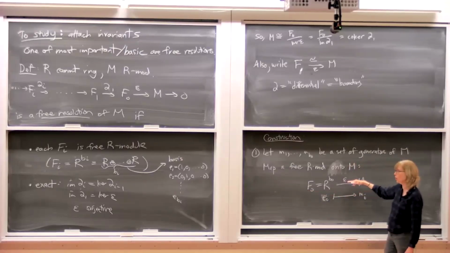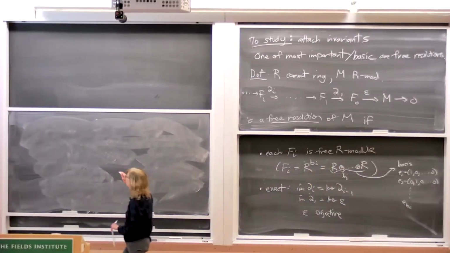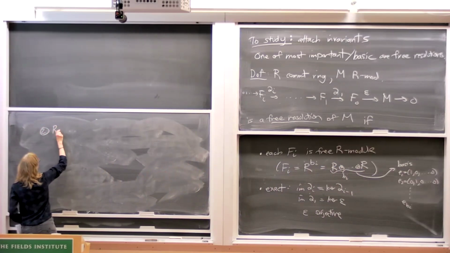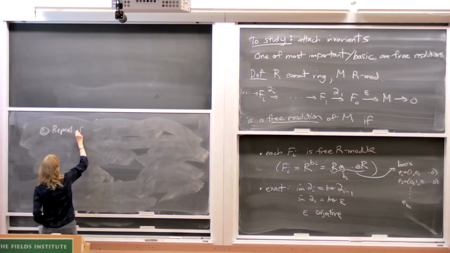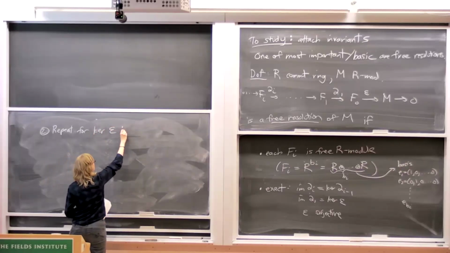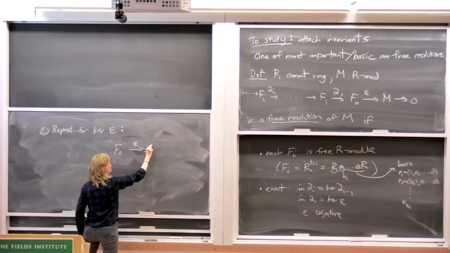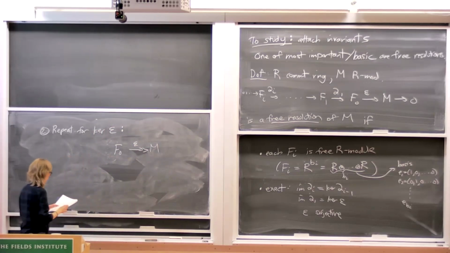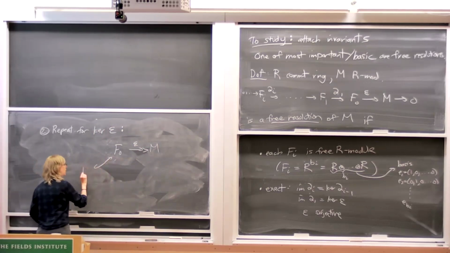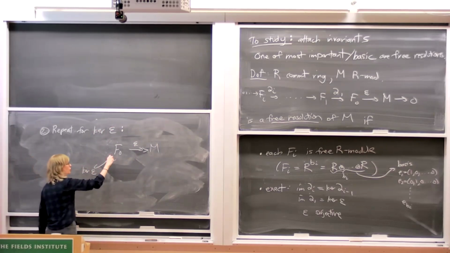In other words, I want to look at the kernel of epsilon and try to make it an image. So step 2, repeat for the kernel of epsilon. So I have so far F0 mapping onto M. Then I look inside of there at the kernel of epsilon. This inclusion I'm going to call I, just the inclusion of the kernel into there.